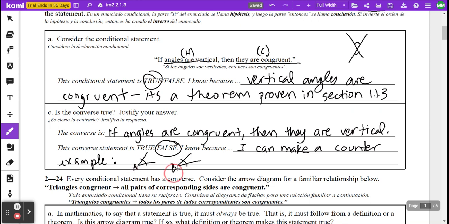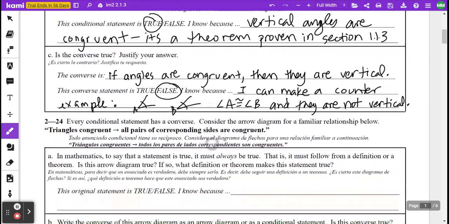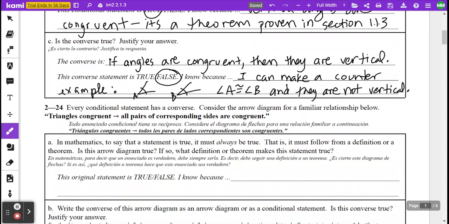Here, angle A is congruent to angle B, and they are not vertical. The reason we did that, everybody, was to see that the truth of a converse doesn't have to be the same as the truth of its original statement.